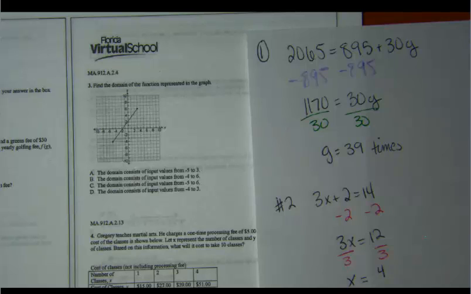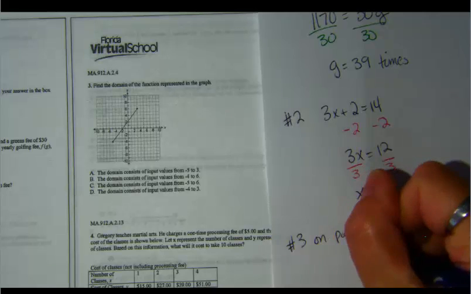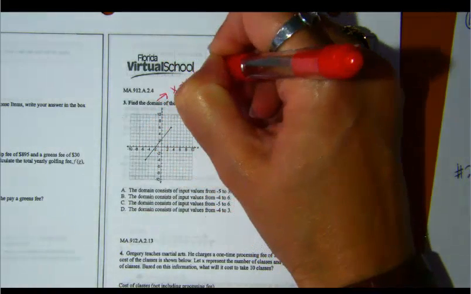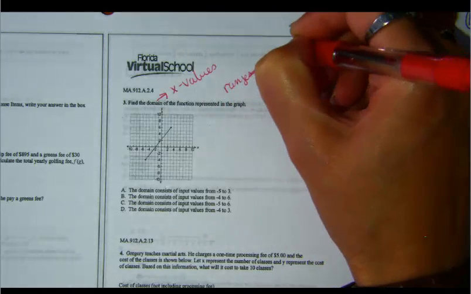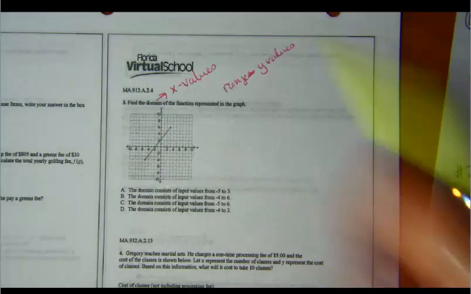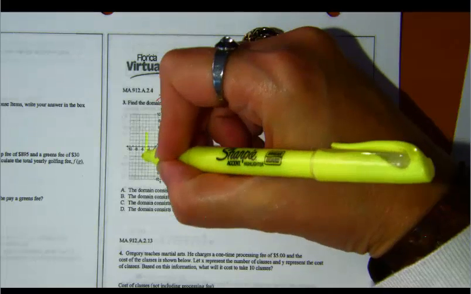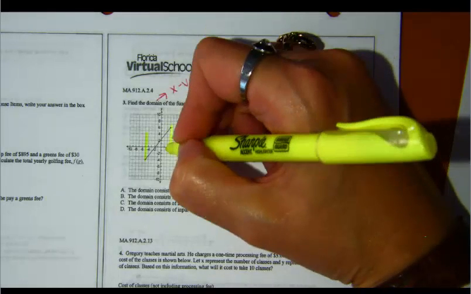In order to find domain and range, we need to remember domain is the x values, and then range is the y values. So we're looking for the x's. So how far does this go on the x-axis? This is the furthest left, and this is the furthest right.